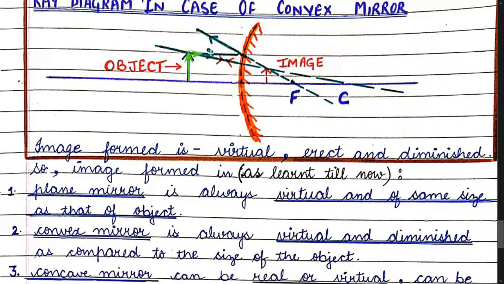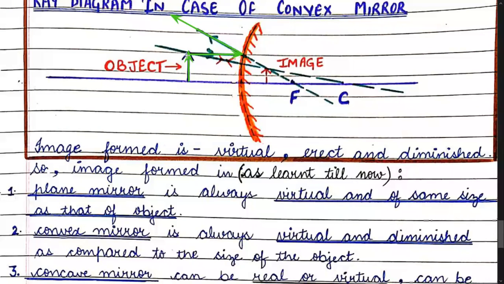We will draw a line parallel to the principal axis. A ray parallel to the principal axis has to reflect such that it is passing through focus. Otherwise the light has to reflect back, but it seems that light is coming from the focus point, since whenever the ray is parallel to the principal axis, it gets reflected from the focus point.